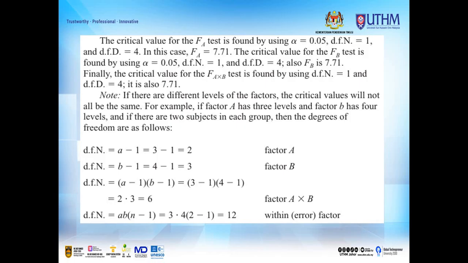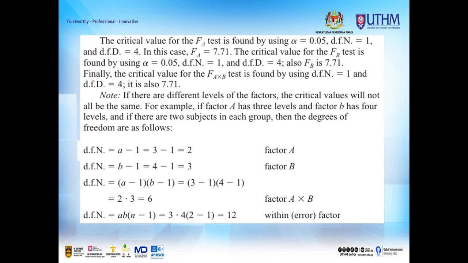If there are different levels of factors, the critical values will not all be the same. For example, if factor A has 3 levels, factor B has 4 levels, and there are 2 subjects in each group, then the degrees of freedom are as follows.